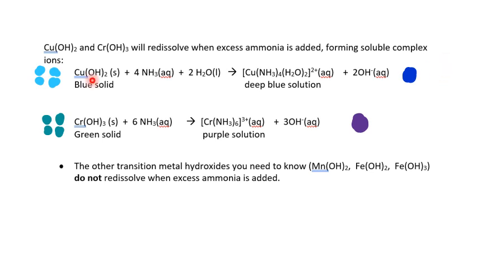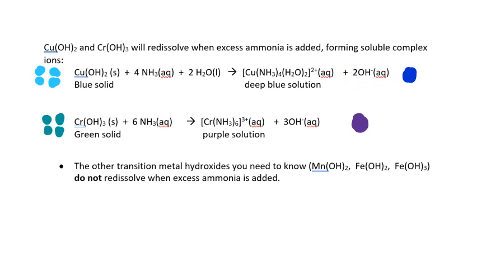And again, they will quite often ask you for equations, and it looks complicated, but it really isn't, because you're just saying, right, here's the copper hydroxide, here are the 4 ammonias and the 2 waters, which are going to end up acting as ligands, so they get incorporated into here, and the hydroxide ions are booted out, so they then just appear as free ions on the right hand side.